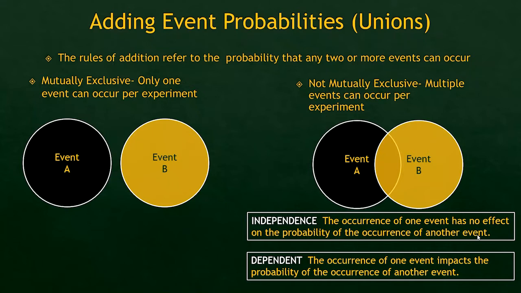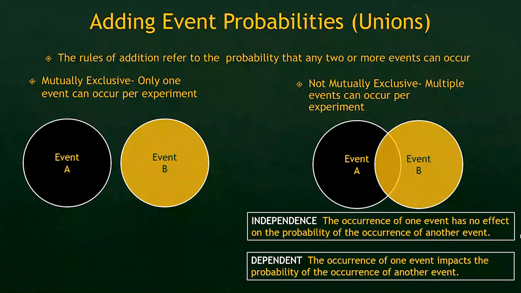They have no relation to one another. One does not impact the other. It does not influence the probability at all. Dependent events are events that depend on each other. For instance, what's the probability of me wearing a pink shirt, and what's the probability of me wearing blue pants?